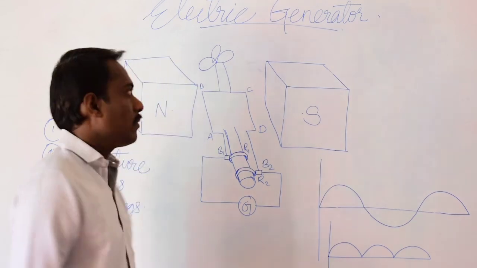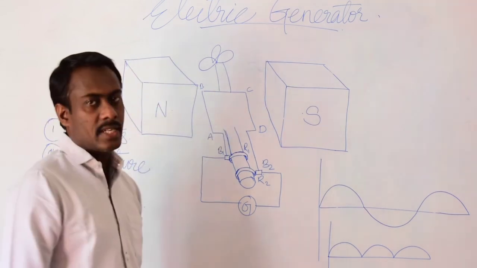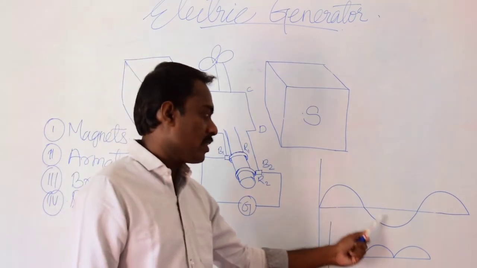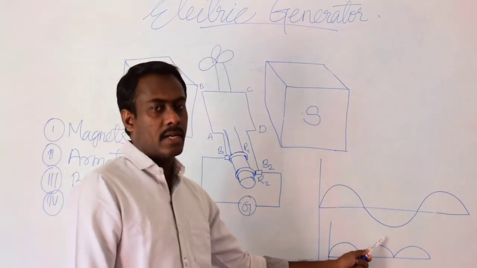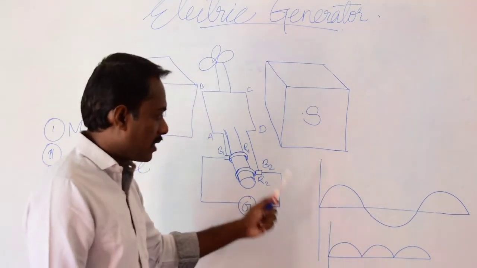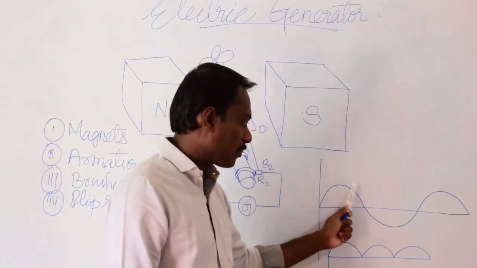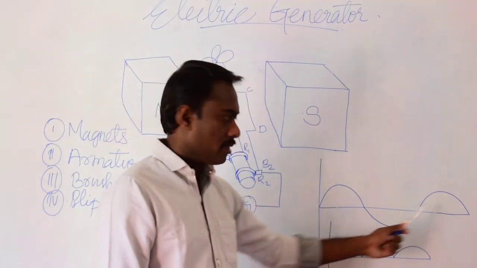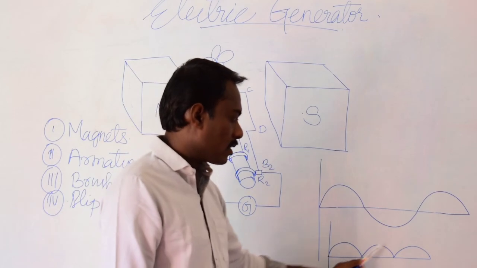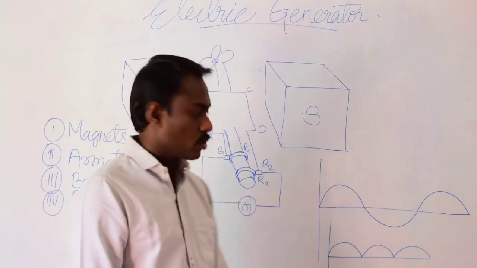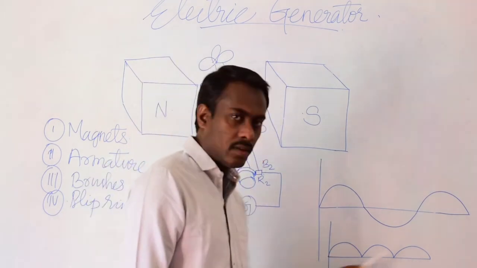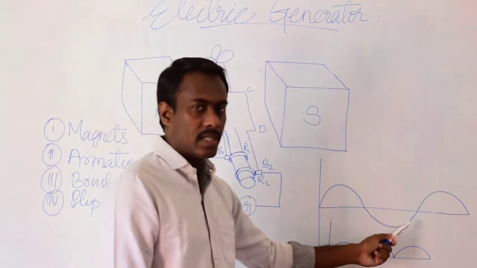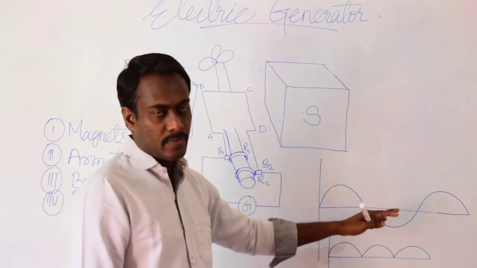The main difference between AC generator and DC generator is the change in phase of the current. An AC generator produces a phase change in the induced current, but a DC generator does not change its phase. So it always flows in one direction, unidirectional. But here the direction of flow of electric current changes after each half rotation.